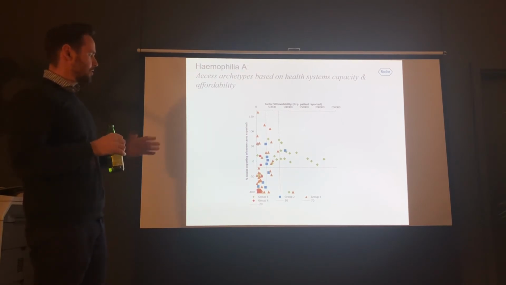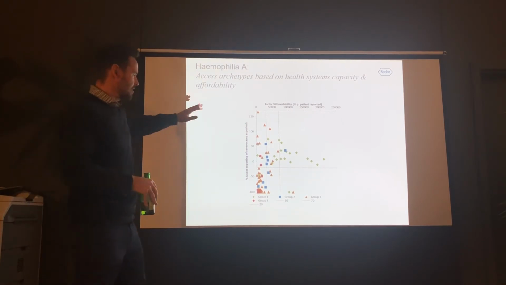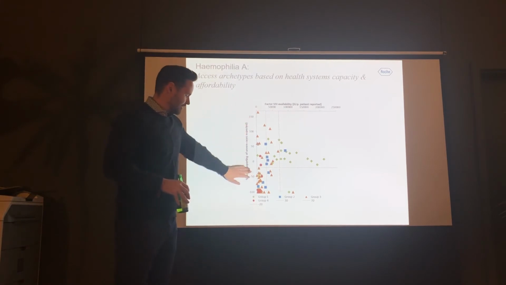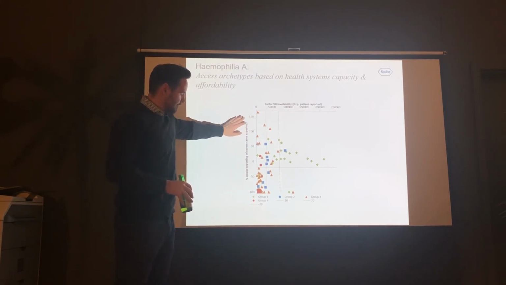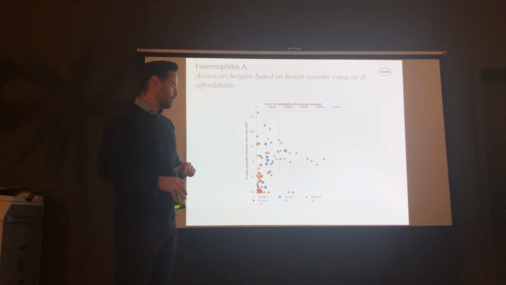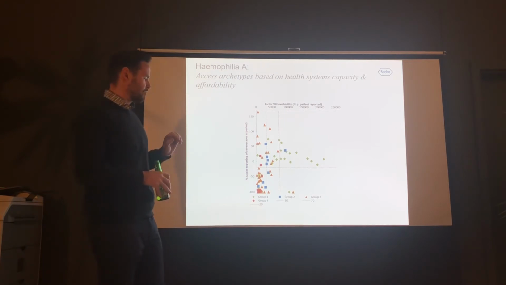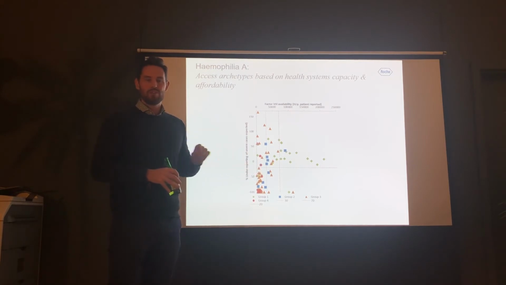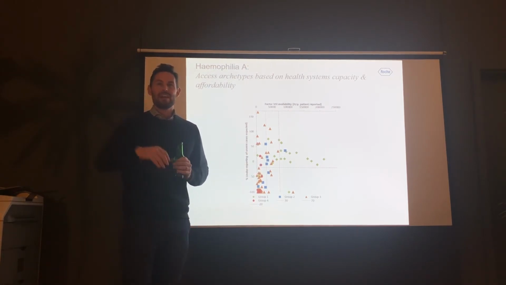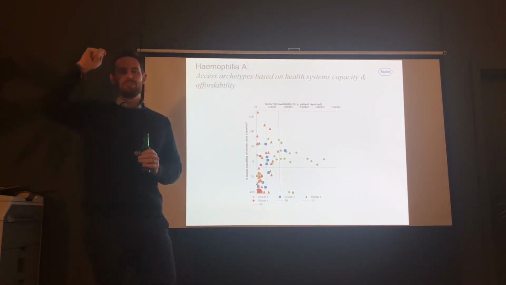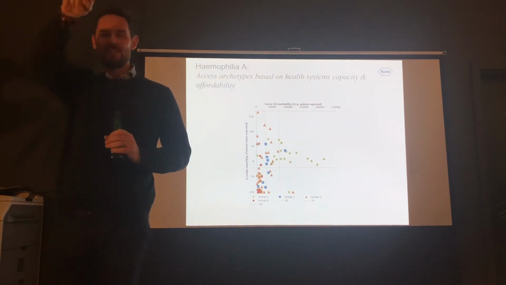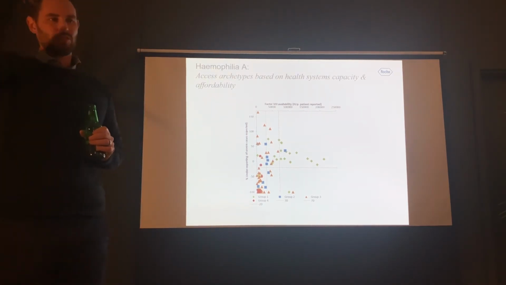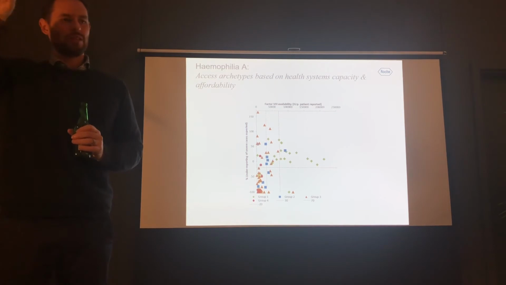I'm not going to go into the detail, but what you see here on the y-axis is the percentage of underreporting. Each dot represents a country. What we tried to do was extrapolate how much hemophilia A we would expect in each country globally, using certain extrapolations and modeling approaches.